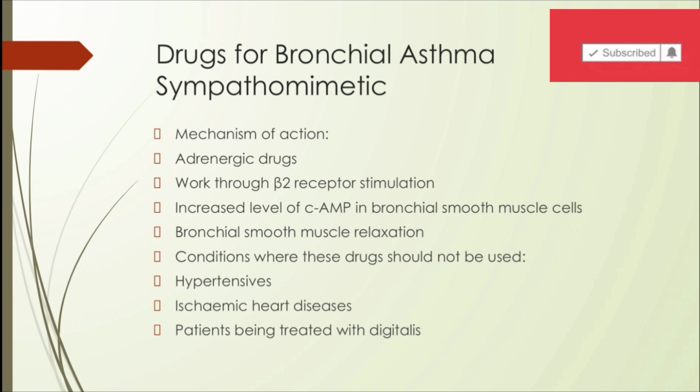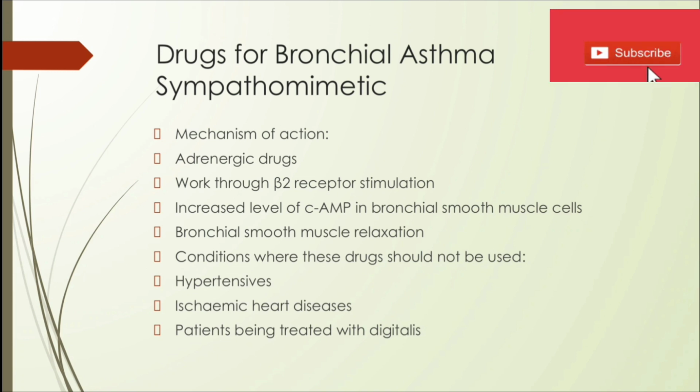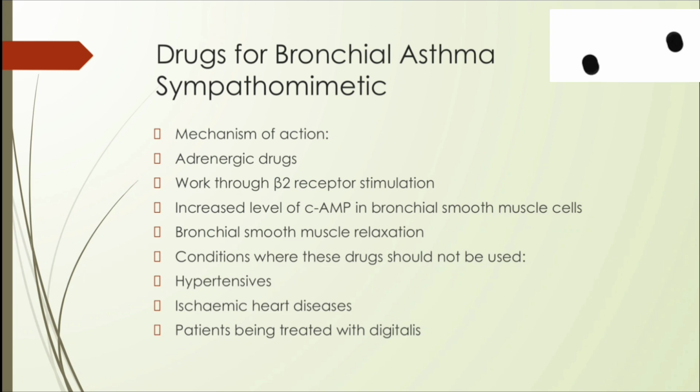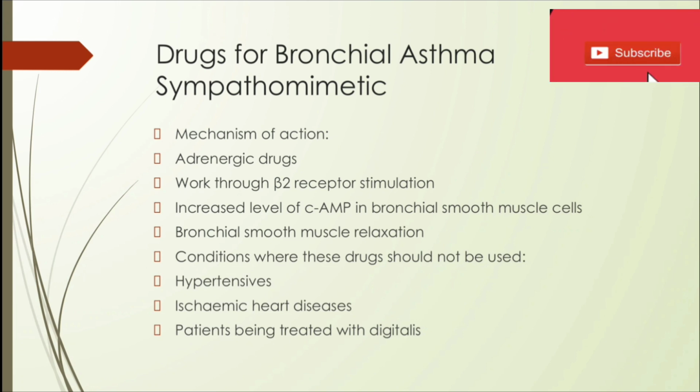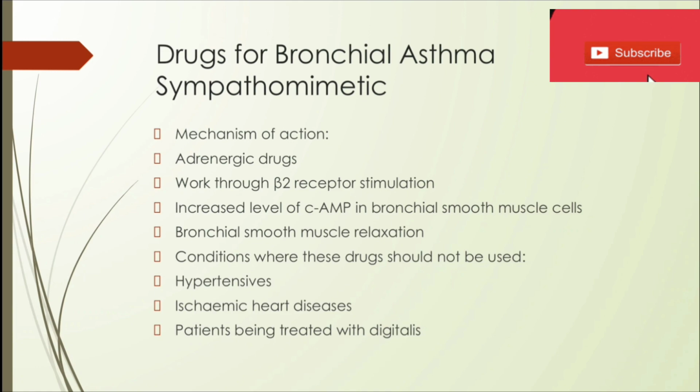Though adrenaline and isoprenaline are effective bronchodilators, it is the selective beta 2 agonists that are now used in asthma to minimize cardiac side effects. So this is the mechanism of action and the precautions while using sympathomimetics.